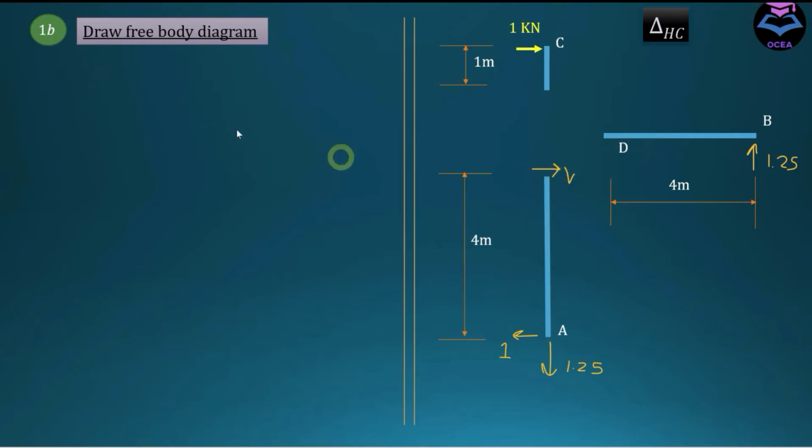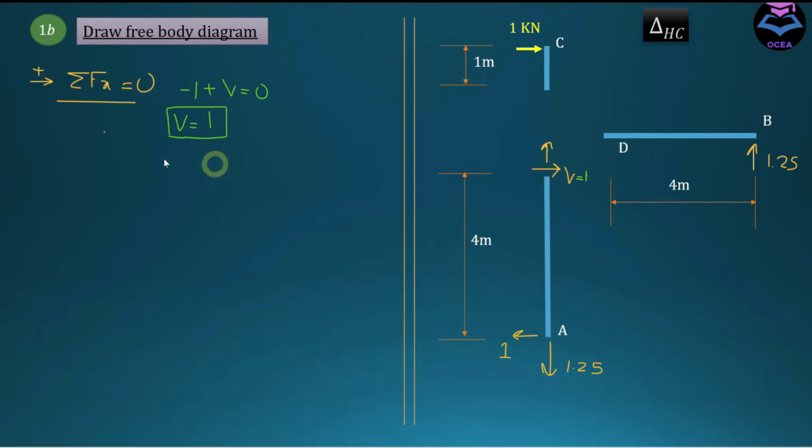So let's apply a summation of Fx to this member only, and let's take rightward forces as positive, and then if you write this minus 1, this one is going leftward, so this is going to be minus, and this V is going rightward, so that's why it's going to be positive. So if we calculate V from here, it's coming out to be equal to 1.